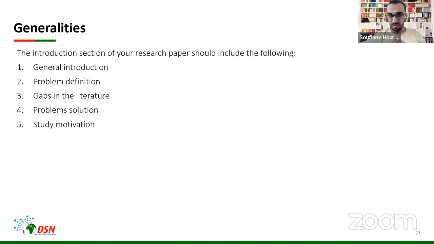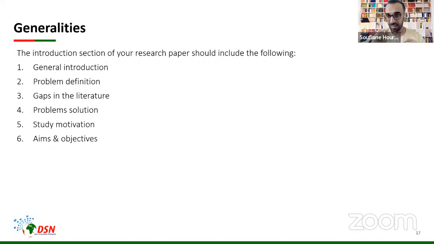And of course, before coming with a solution, we've been motivated by something, let's say a hypothesis or something like that. So we need to put the motivation of the research paper. Now, after that, we need to give the aims, the goals, and the objectives of the research paper.